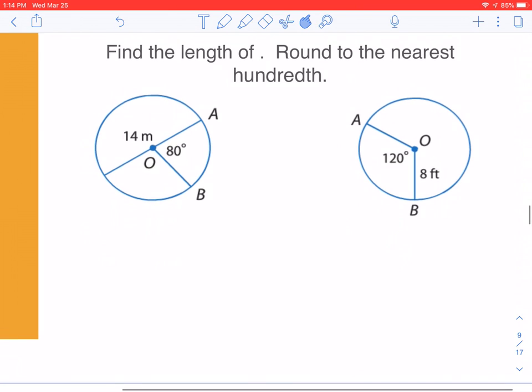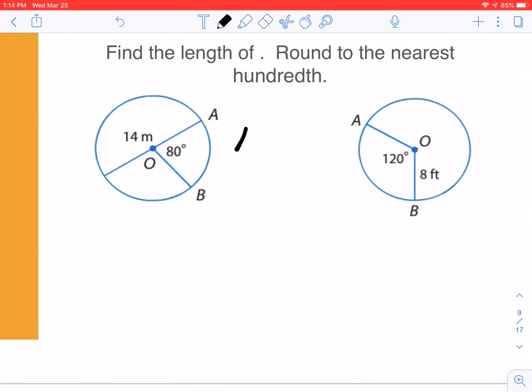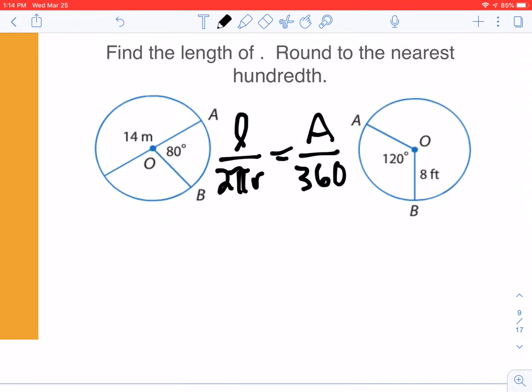Okay. I'm going to write the equation in the middle here. L over 2 pi r equals A over 360. Okay, I'm trying to find the length of AB in each of these.